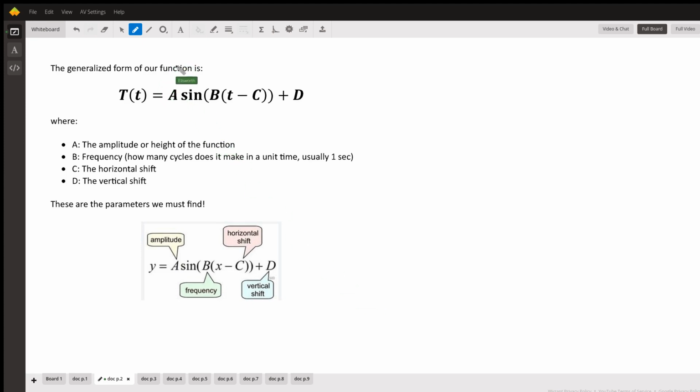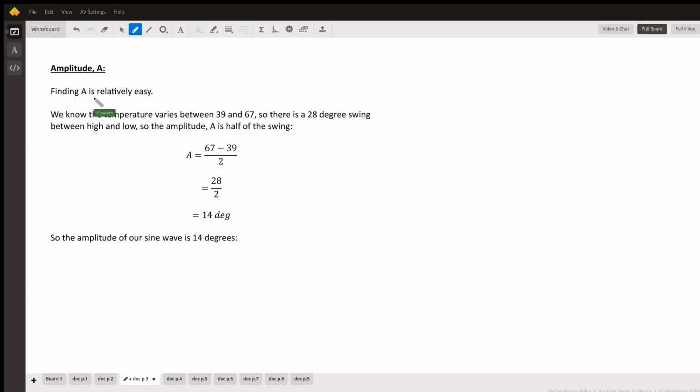Well, look at the first two, pretty easy. A is easy. Take the high and low, subtract them, divide by 2. How high is the wave? It's halfway between the highest and lowest. High 67, low is 39. That's a 28-degree difference.